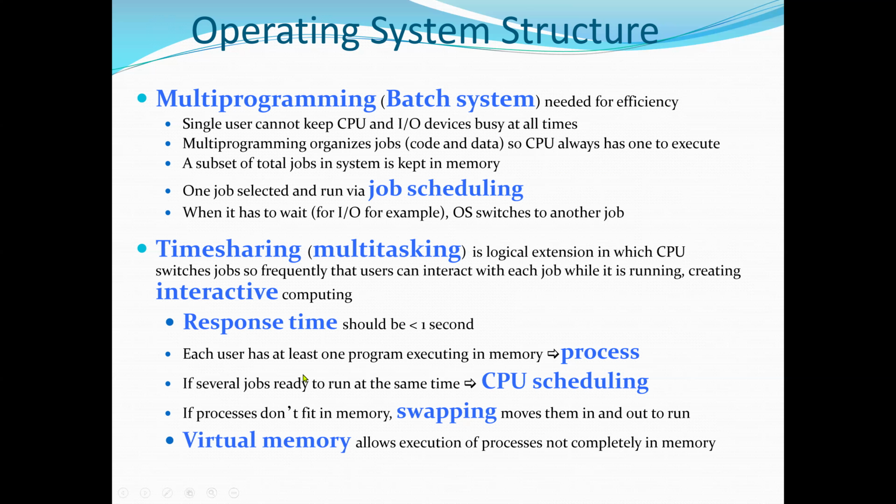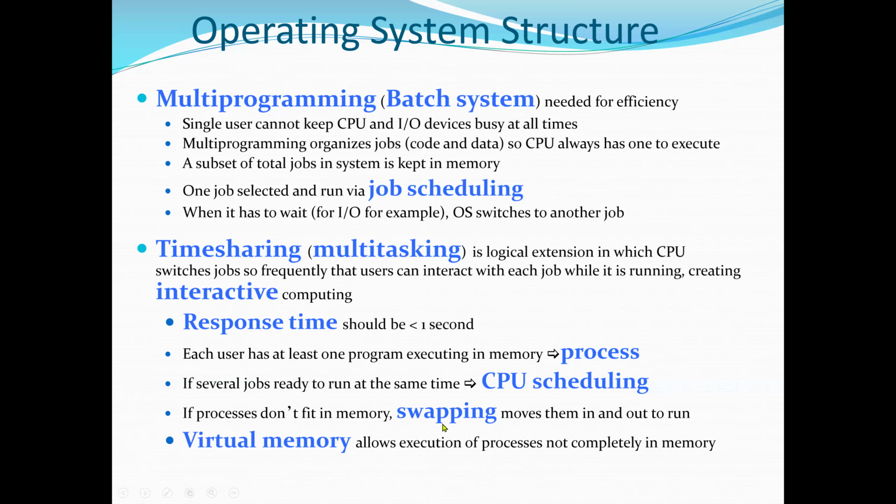Each user has at least one program executing in memory, a process. If several jobs are ready to run at the same time, there will be CPU scheduling. If processes don't fit in memory, then we may use swapping, which moves them in and out to run.